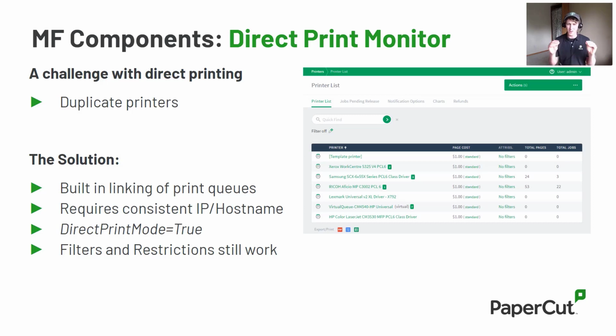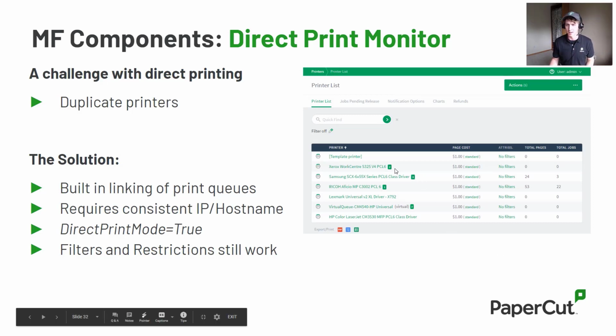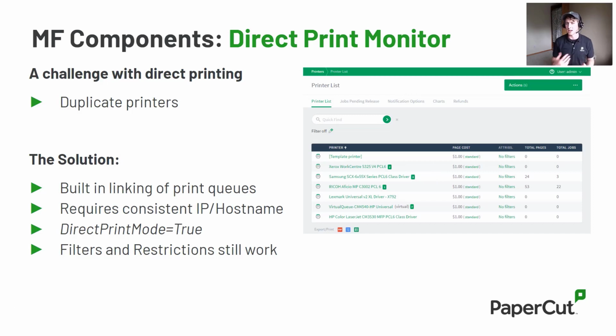We try to say, are these actually the same printer on the other end of these print queues? Let's consolidate those. And that's where you'll see these numbers next to the print object names, and that represents how many printers are rolled up under that one object. So what does that mean? At the end of the day, it means way simpler to manage some of the price modeling and some of the other filters and restrictions and the behavior that you want to occur for that physical printer, which is represented across multiple machines.